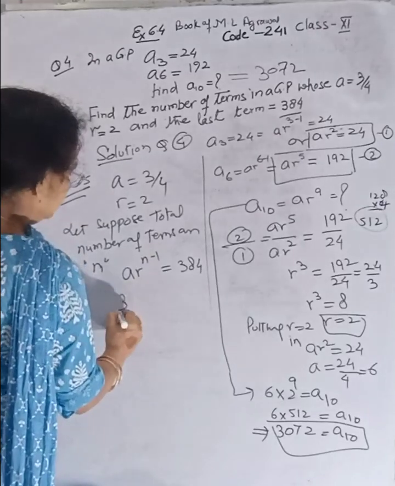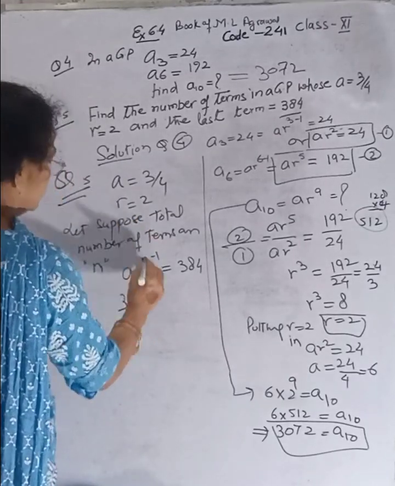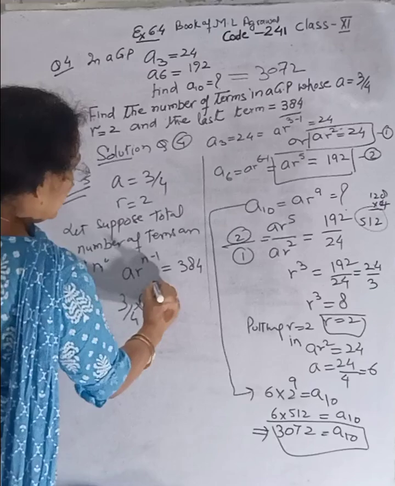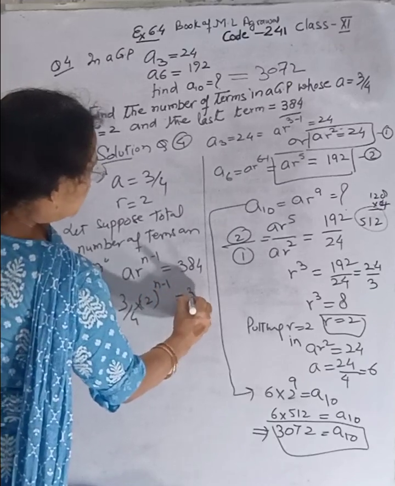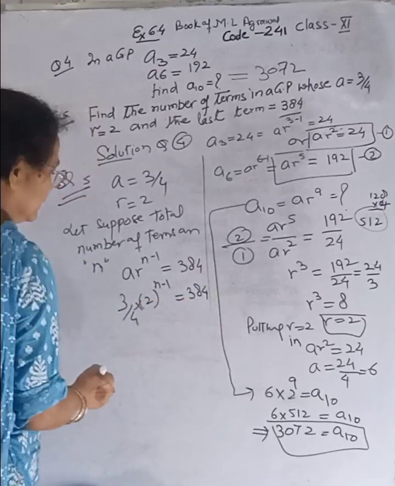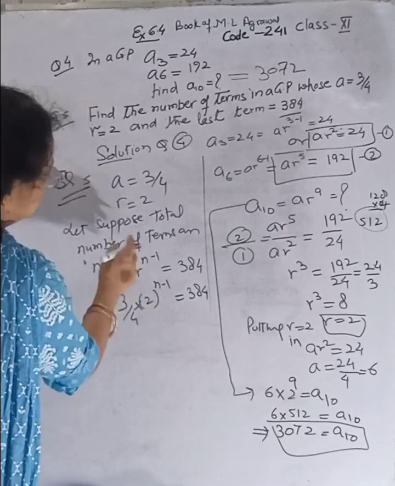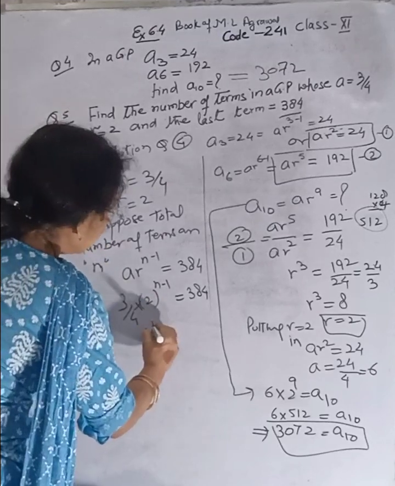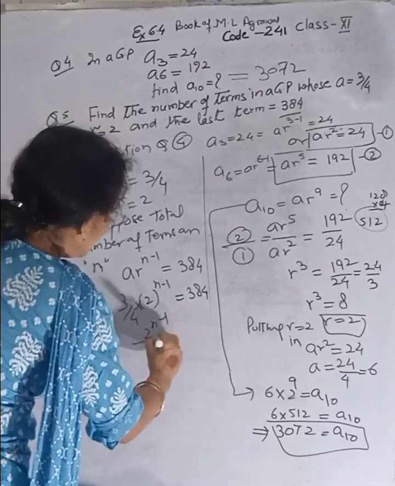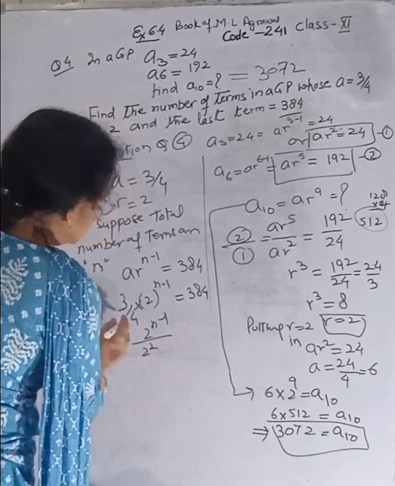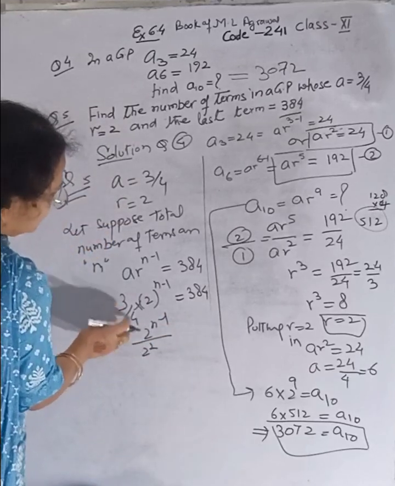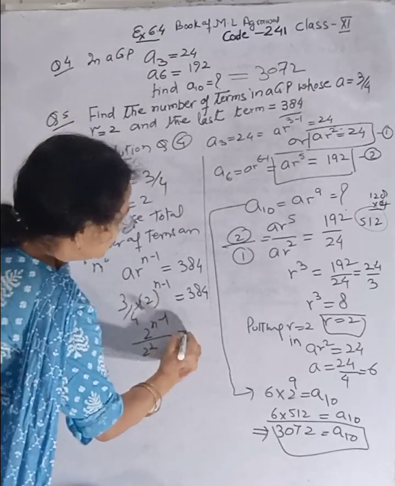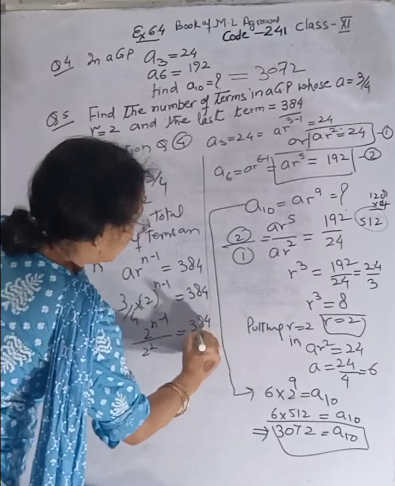This is 3 by 4 into R is 2 to the power N minus 1 is equal to 384. R is to be calculated. This can be written as 2 to the power N minus 1 upon 2 to the power 2, is equal to 384 upon 3.